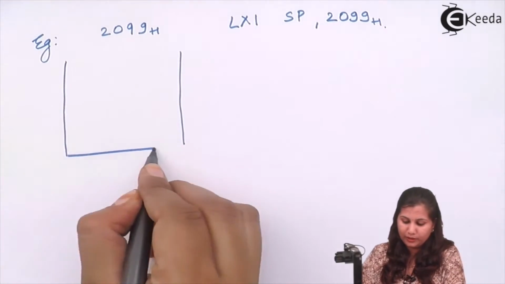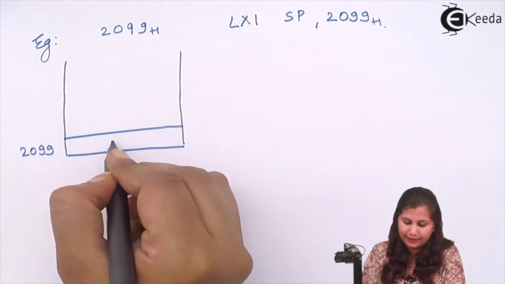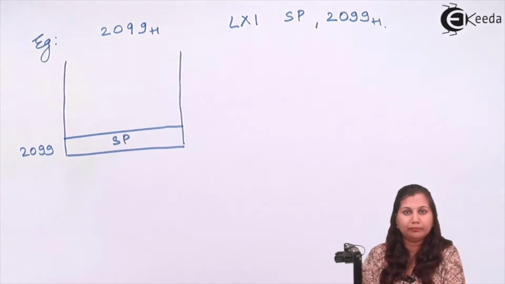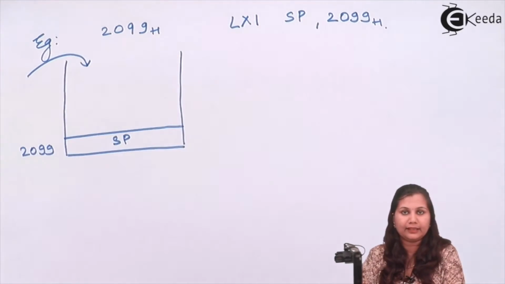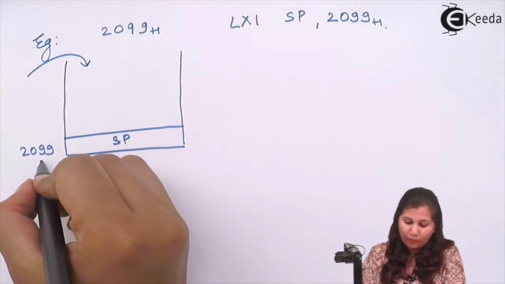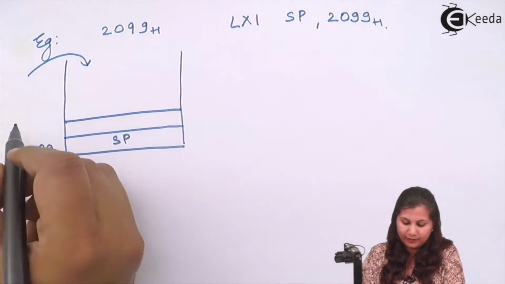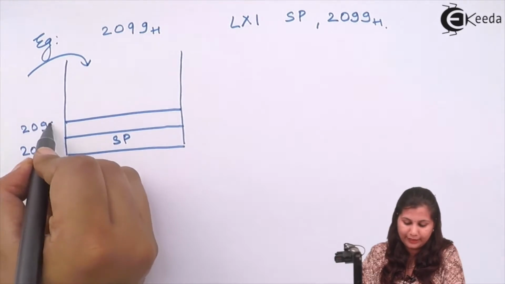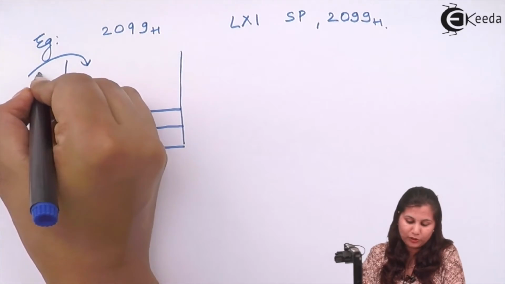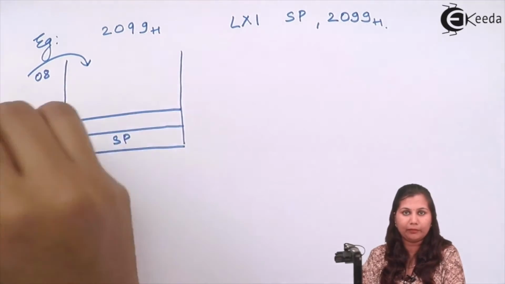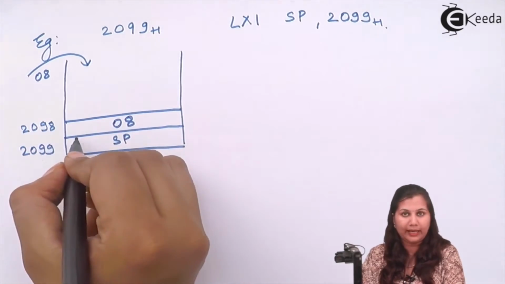If we draw it, this is 2099, and here the stack pointer begins. Now if we want to store binary data in this stack, it will be stored at one memory location less than this initialization, that is 2098. Suppose we want to store the number 08. It will be stored at 2098.